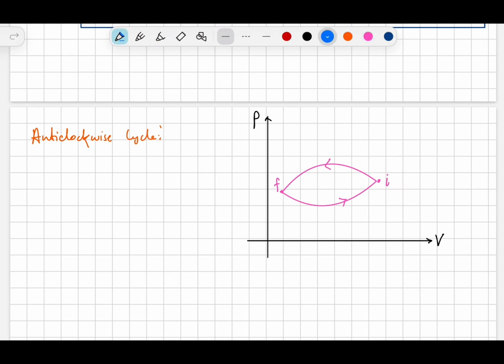So now if you see from initial to final position, what is happening? Volume decreases, है ना?